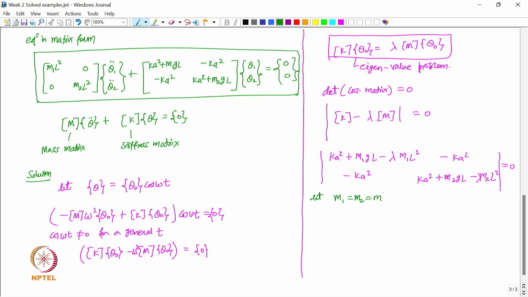So, let us solve this eigenvalue problem for this special case where m1 and m2 are the same.